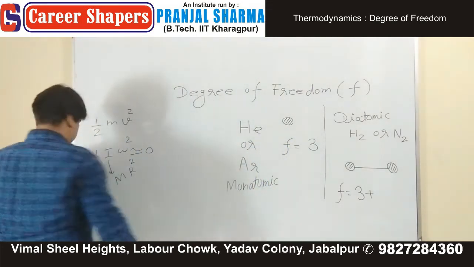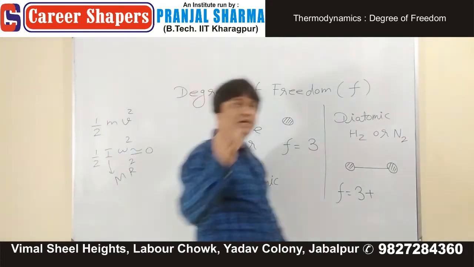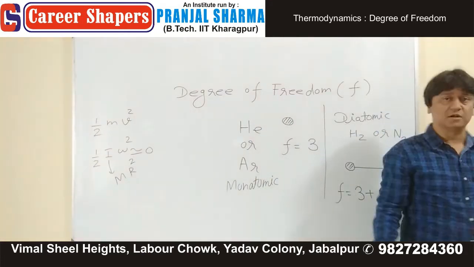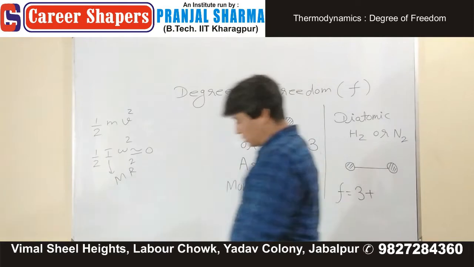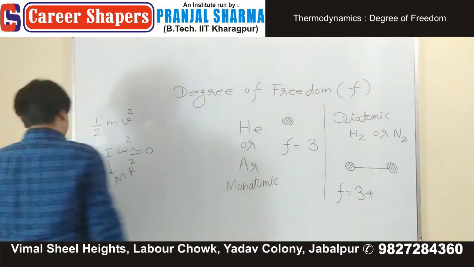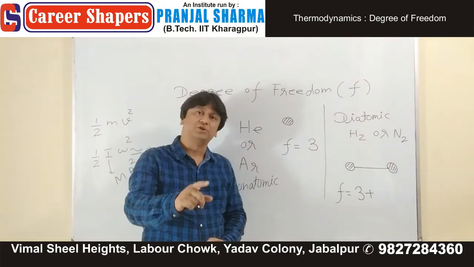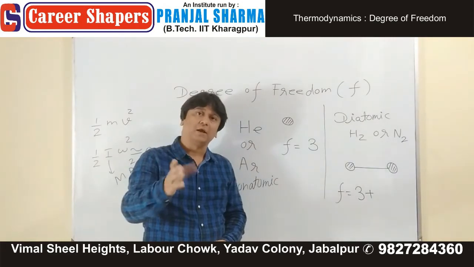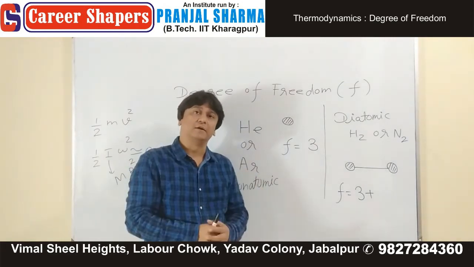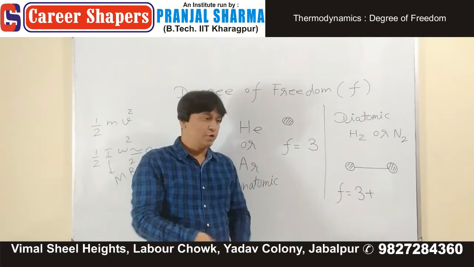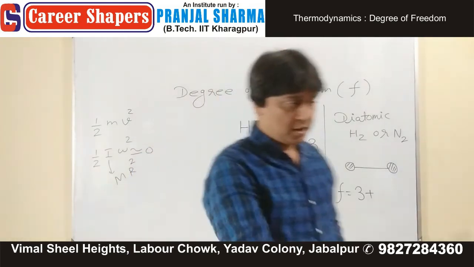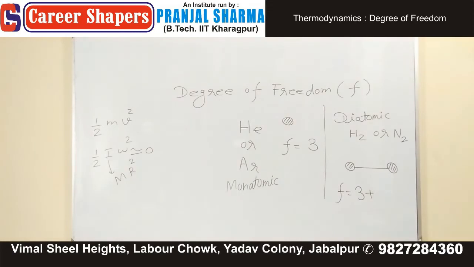Which axis is going to give us negligible kinetic energy, and which are those axes whose rotational kinetic energy should not be neglected? Can you answer this? Answer this in the comment box.